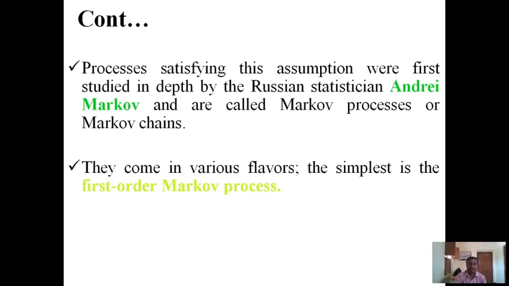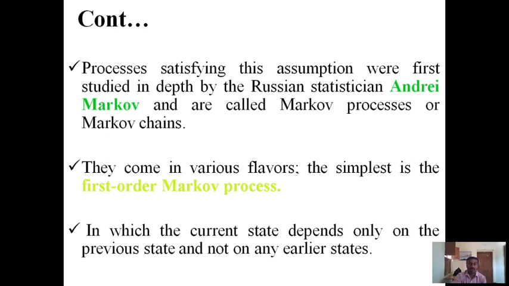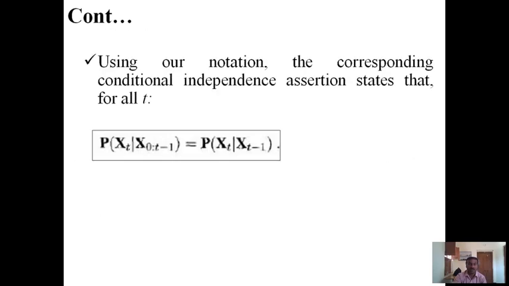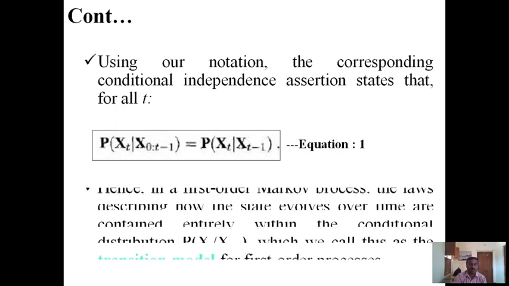Simplest is the first order Markov process, in which the current state depends only on the previous state and not on any earlier states. Using our notation, the corresponding conditional independence assumption states that for all t, P(X_t | X_0:t-1) = P(X_t | X_t-1).